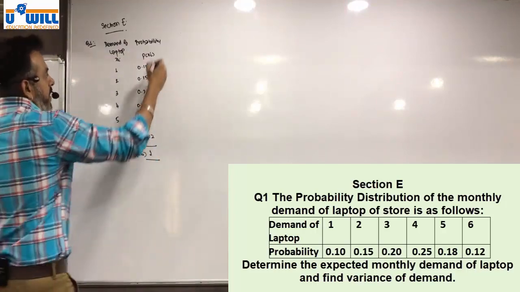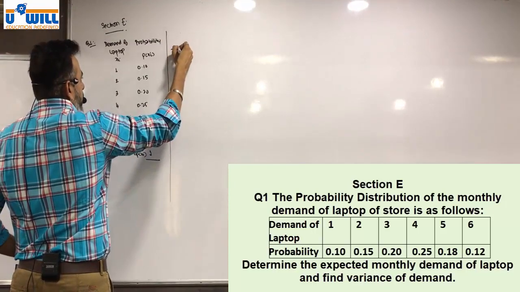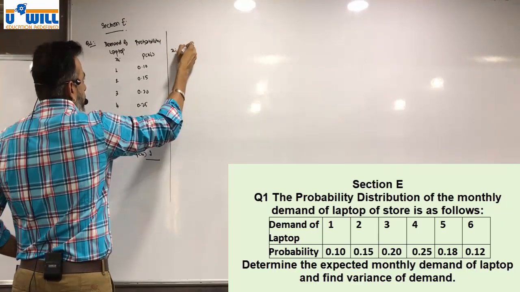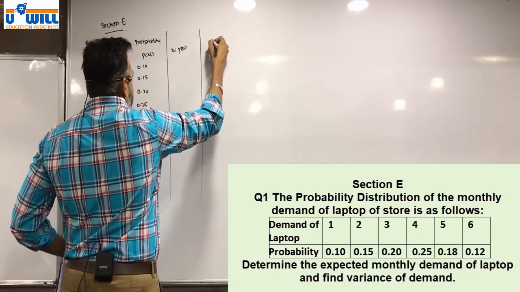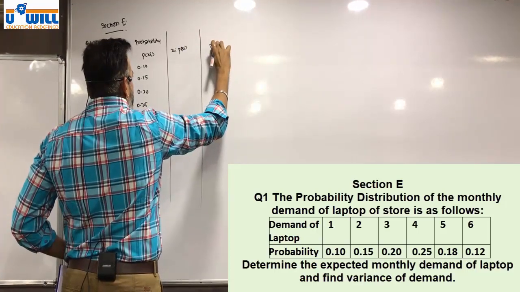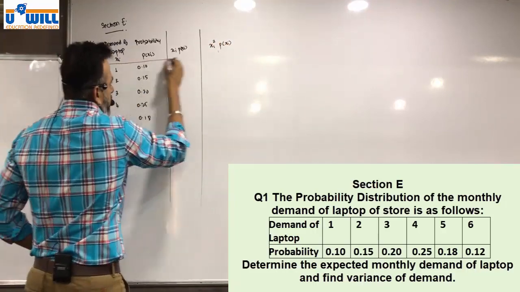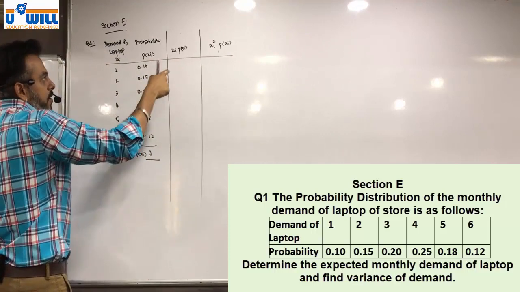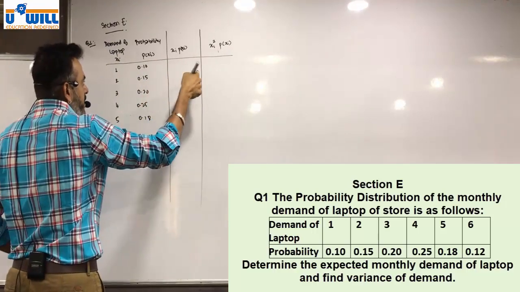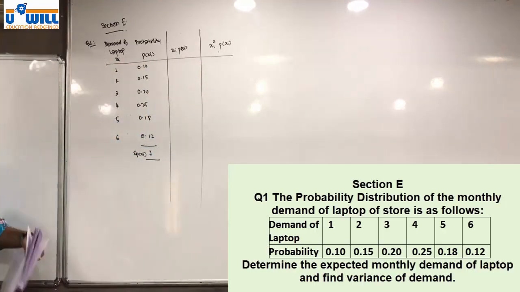So what columns we need is Xi into P of Xi, and then Xi square into P of Xi. We multiply Xi by P of Xi, and then multiply the result again by Xi to get Xi square into P of Xi.